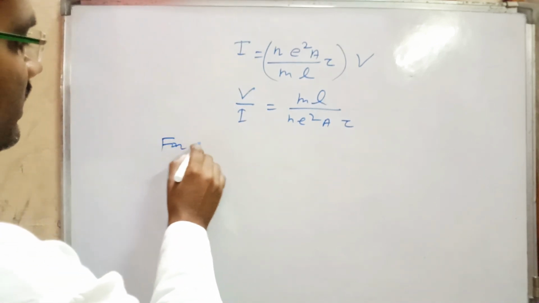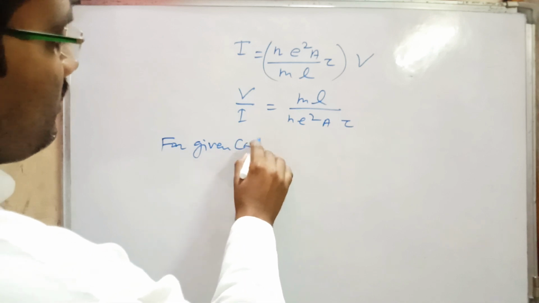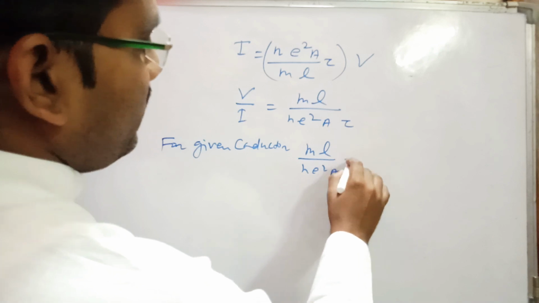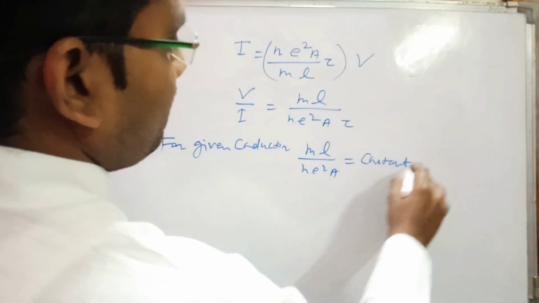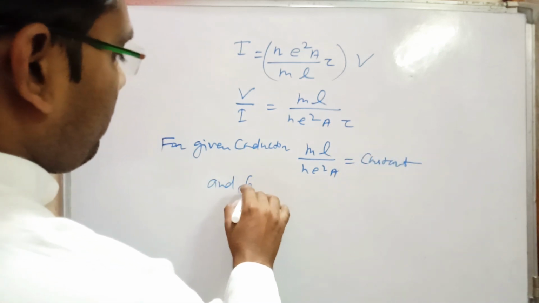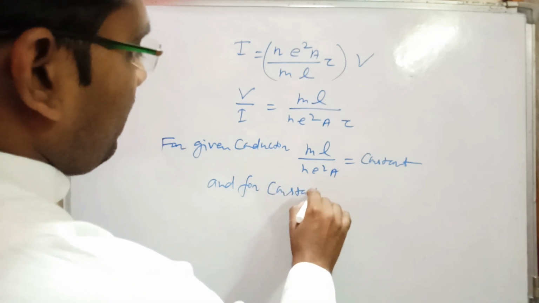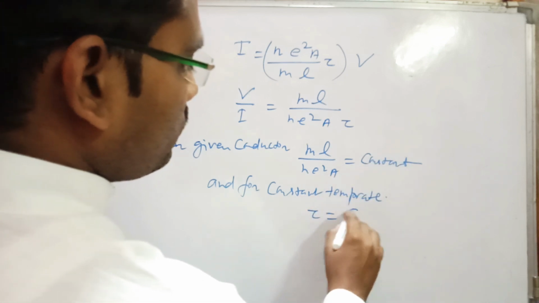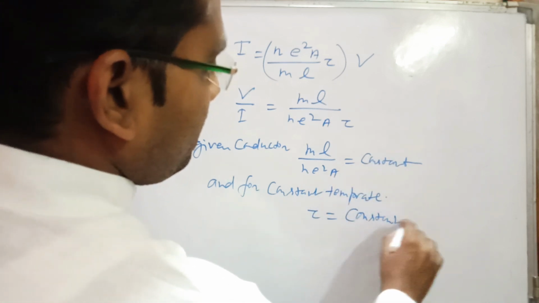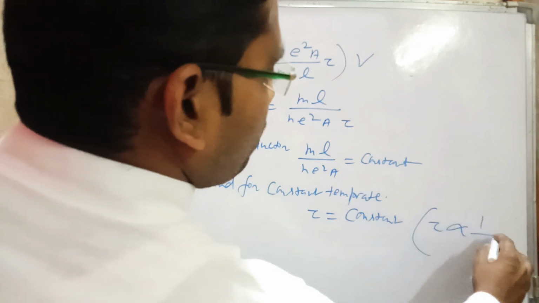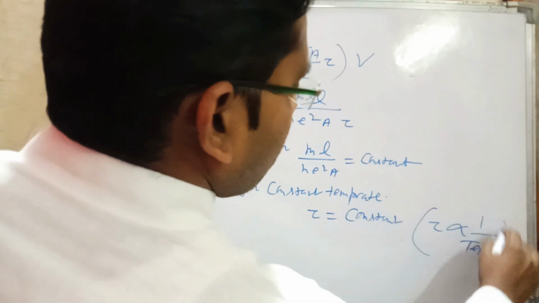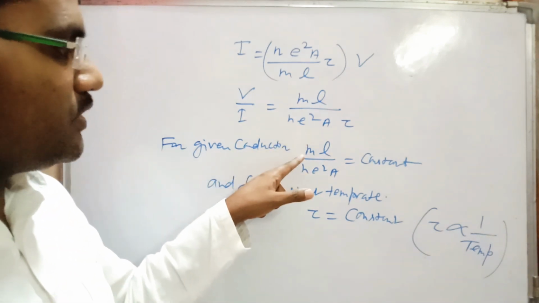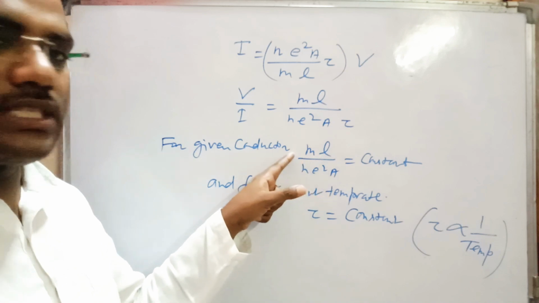Now for a given conductor, m L by n e square A is equal to constant, and for constant temperature, tau is equal to constant, because tau is inversely proportional to temperature. If temperature remains constant, the relaxation time is constant. So now here m is the mass of the electron, this one is a universal constant.